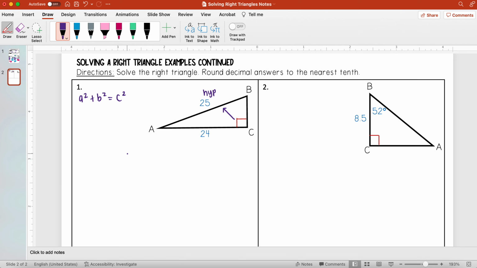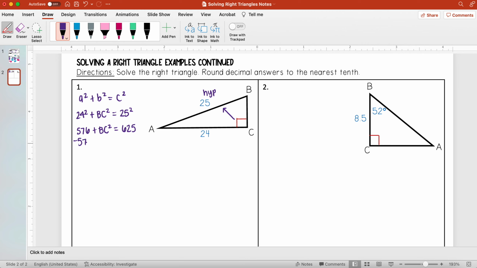So plugging in all this information into this formula, I get 24 squared plus BC squared is equal to 25 squared. Well, 24 squared, I get 576 plus BC squared is equal to 25 squared, which is 625.